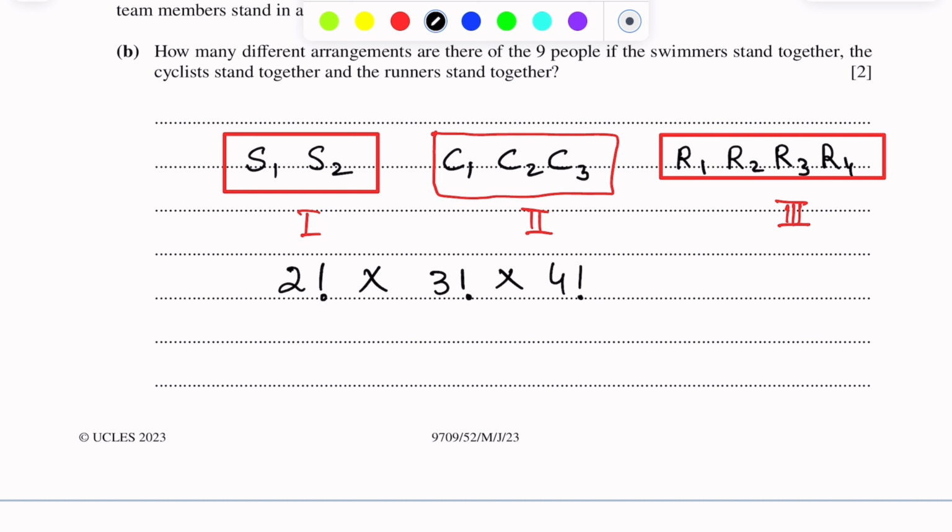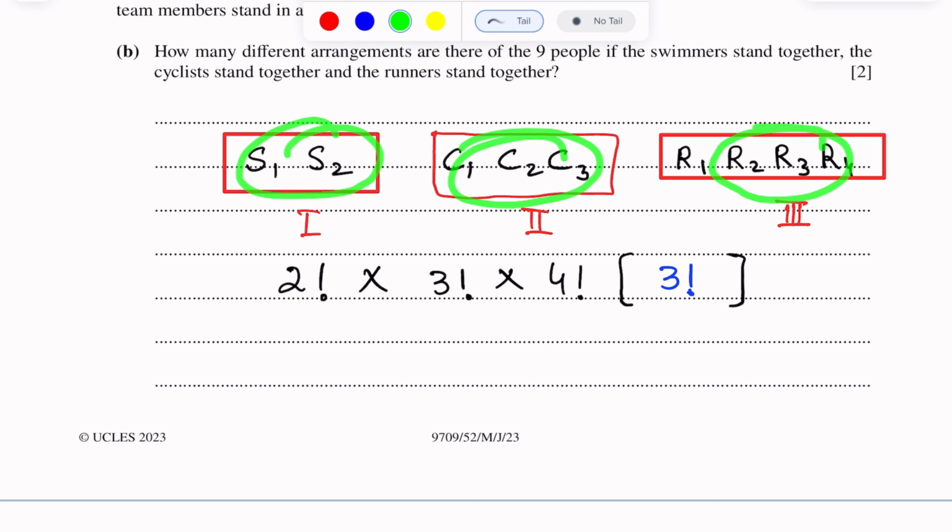Now multiply by 3 factorial. Sorry, these are three groups. We can arrange them in three factorial ways. So we will write here 3 factorial, because now we have to arrange these groups also, because there are three different groups.